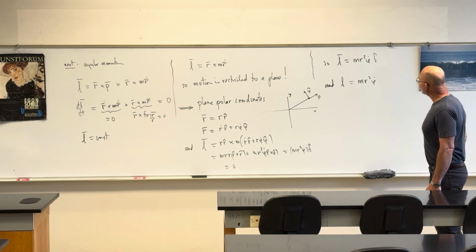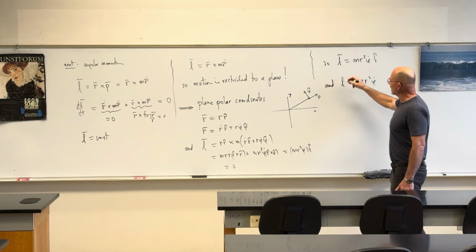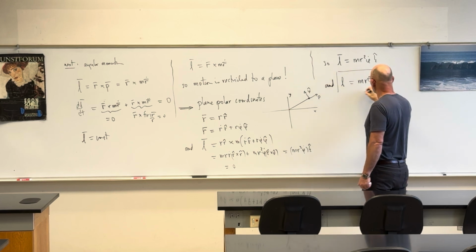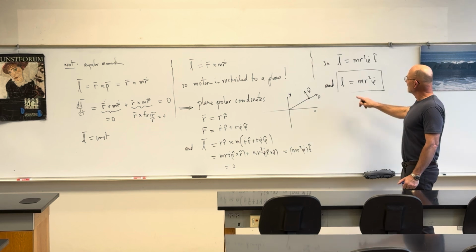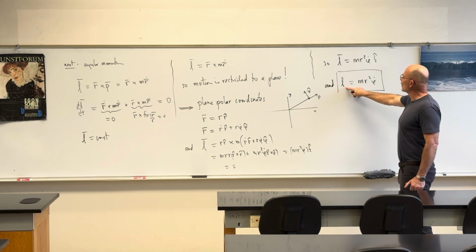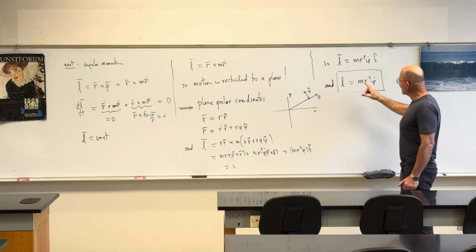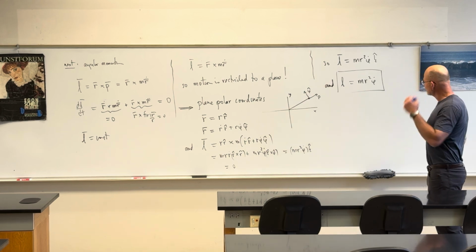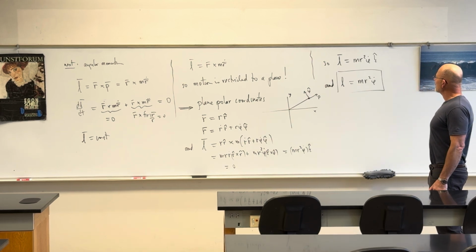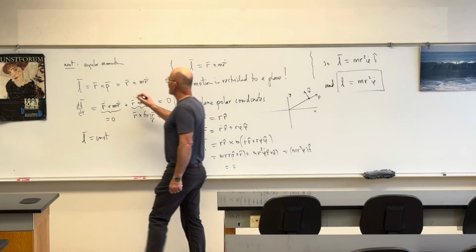Well, if it's going to be the magnitude, then we would have to have a magnitude of phi dot, which could be positive or negative, but we'll just leave it like this. So then it can actually have a sign. That won't give rise to any ambiguities, because when we put this into expressions where the magnitude plays a role, it'll always come in squared. Good. So there's our angular momentum in plane polar coordinates.